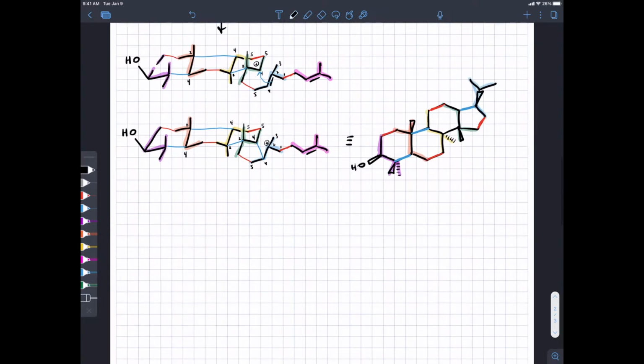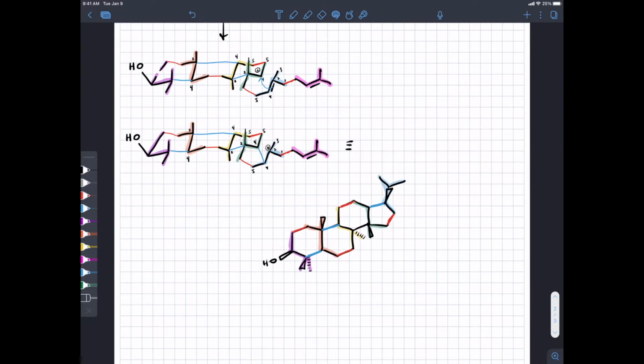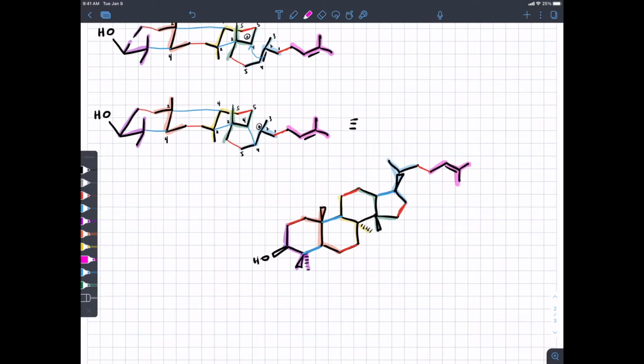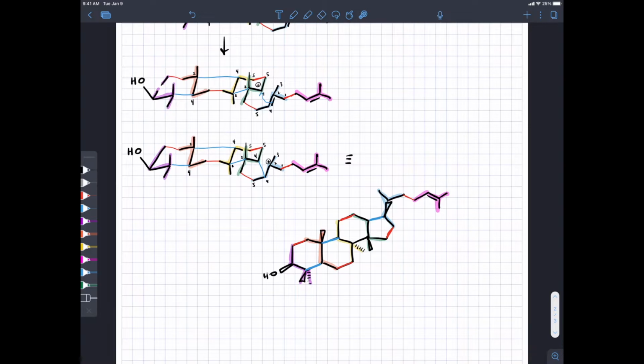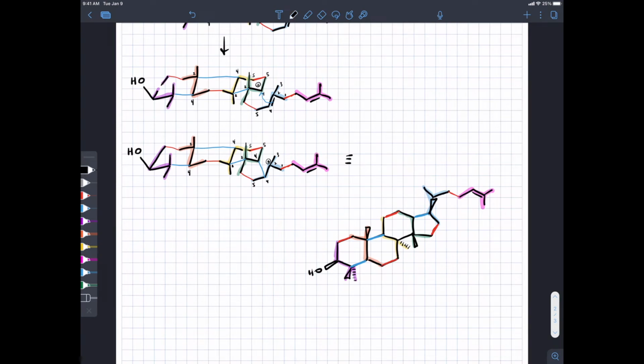And then, I'm running out of space. Lastly, the pink isoprene unit, 5, 4, 3, 2, 1. Okay, so that's sort of what we've done. And though I've shown it to you step by step so you could see each individual bond forming, and by the way, sorry, there's still a positive charge here.